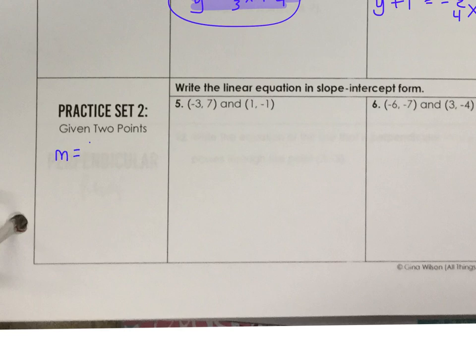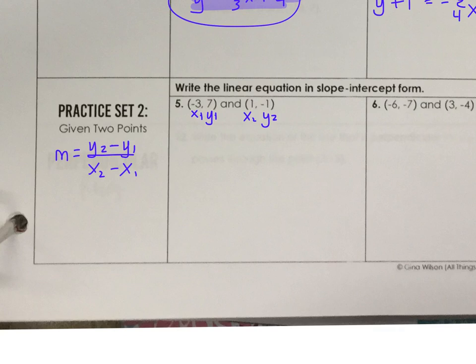M equals y2 minus y1 over x2 minus x1. So let's label everything. x1, y1, x2, y2.